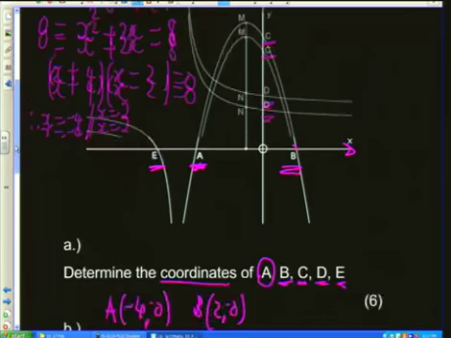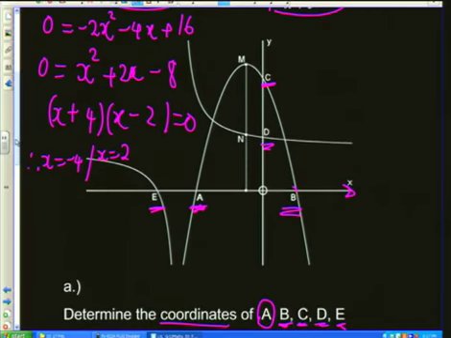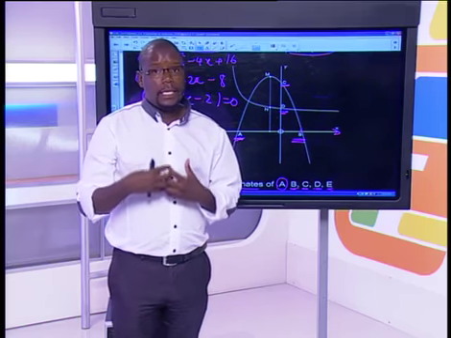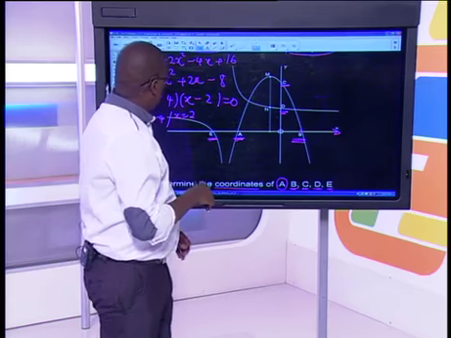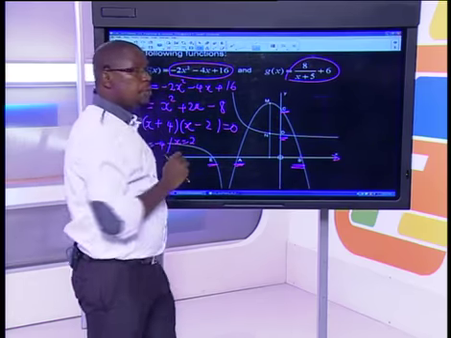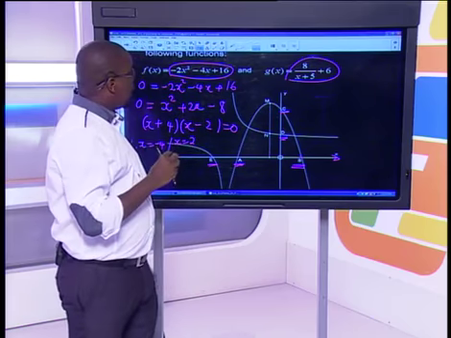Now let's look at our C. C is the y-intercept of the parabola. And you know that at the y-intercept you make x equal to 0. Now if you look at your parabola, you've got y equals minus 2x squared minus 4x plus 16.